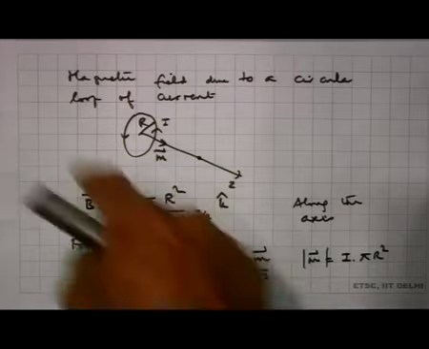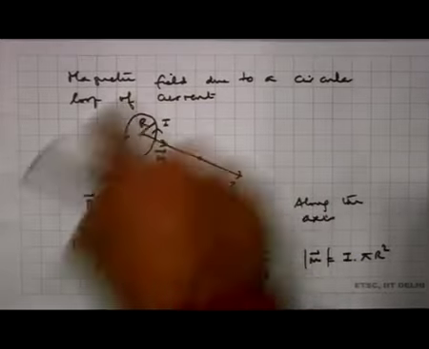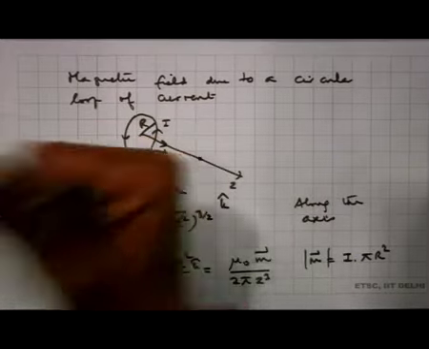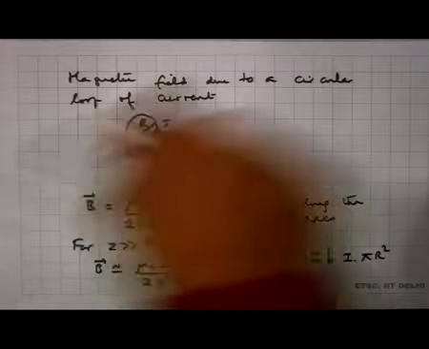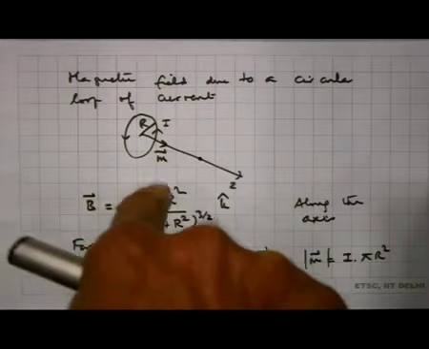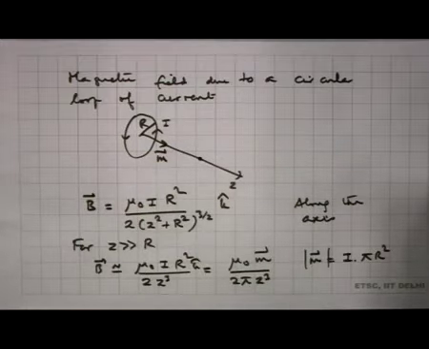If the coil is carrying current like this, then the magnetic dipole moment is pointing upwards. If the current is going like this, then the magnetic dipole moment is pointing inwards. So, that gives me the magnetic field along the axis of the dipole.